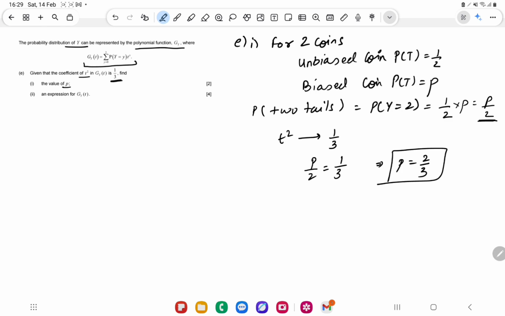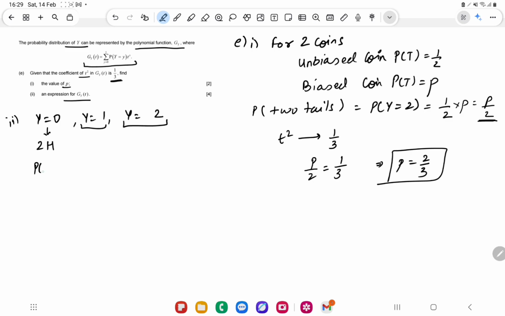Now it says in the second part we have to find the expression. Expression means we have to solve for y equal to 0, y equal to 1, y equal to 2. y equal to 2 we have already solved. y equal to 0 means we have 2 heads. And for y equal to 1, I will be solving.